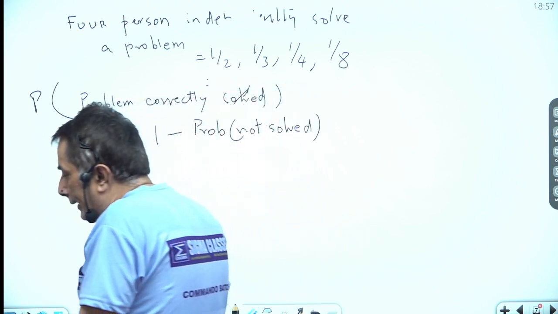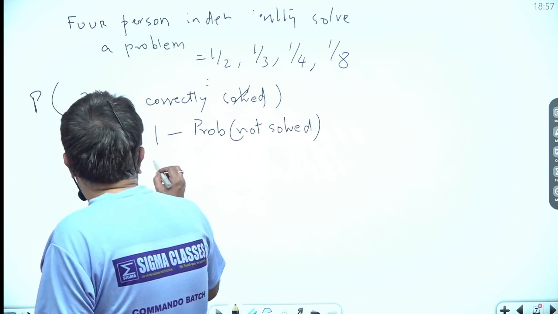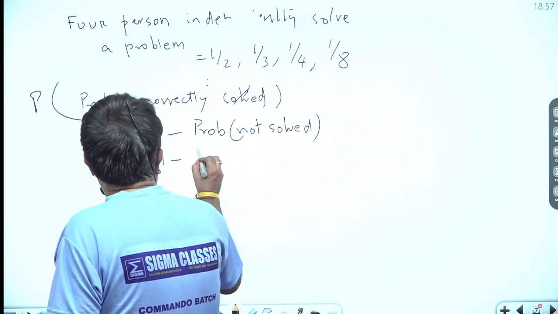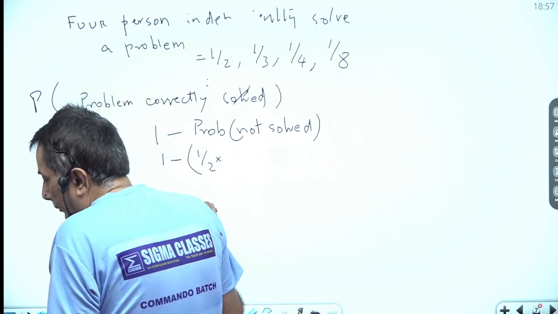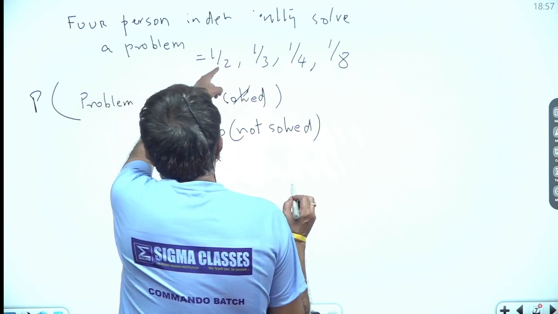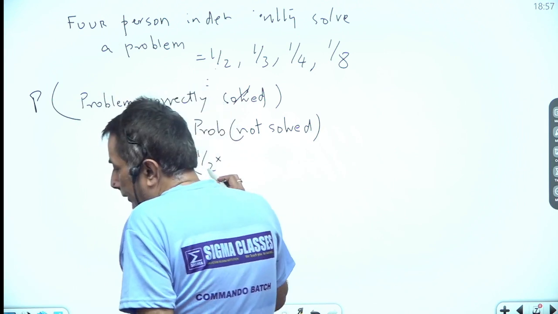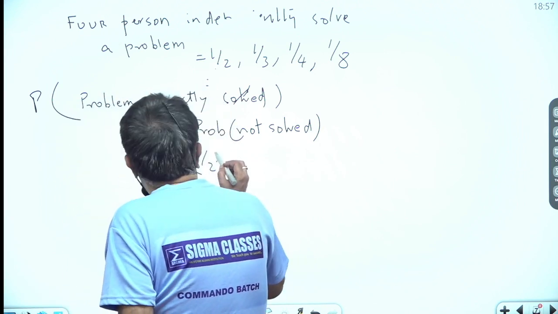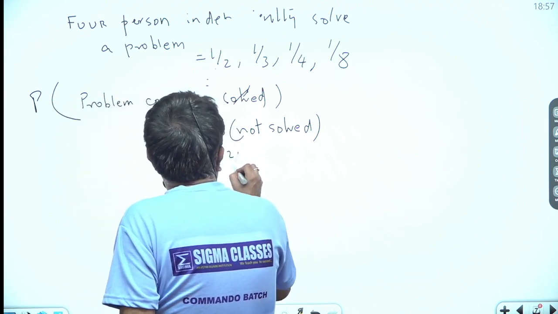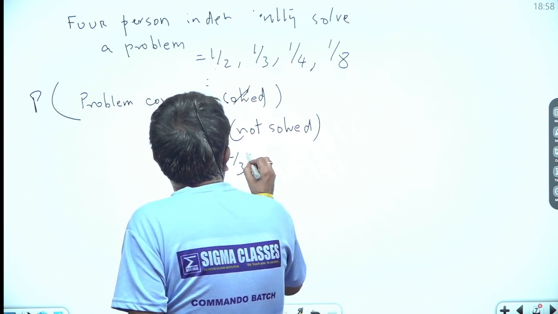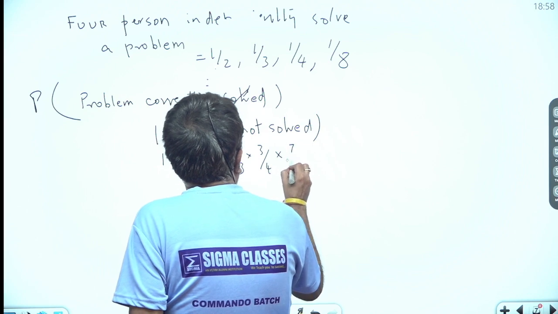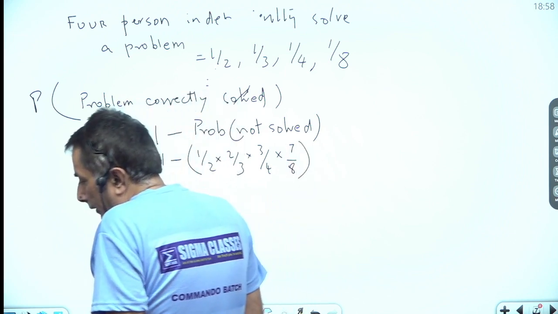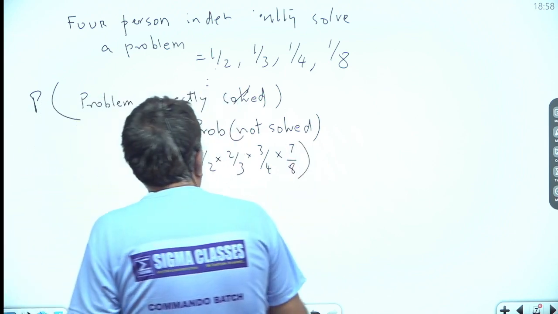So probability that problem is not solved is 1/2, 2 by 3, 3 by 4, and 7 by 8.